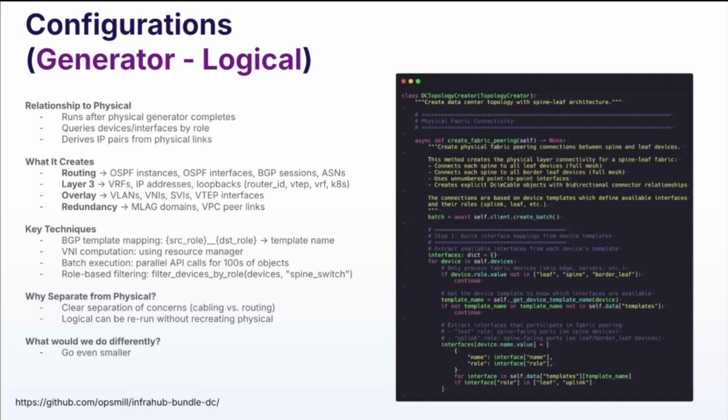Then we can assign IP address 1 and IP address 2 to the different sides of the links, and we also save that in the database. So it's all fully modeled using resource managers, quite good. Yeah, the resource managers were very helpful in that aspect.